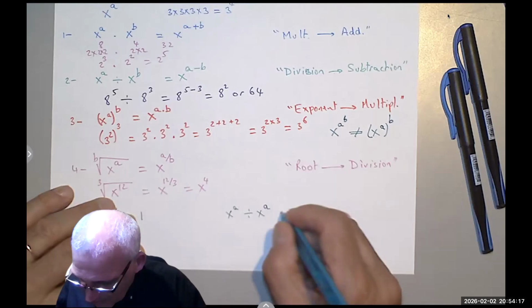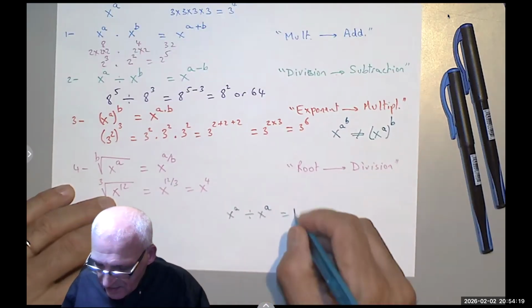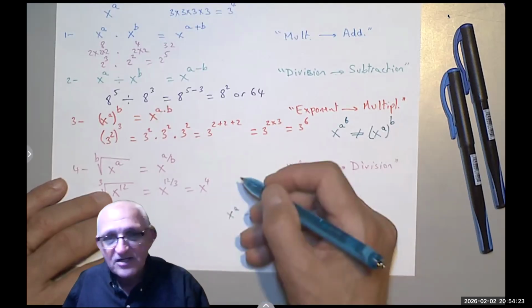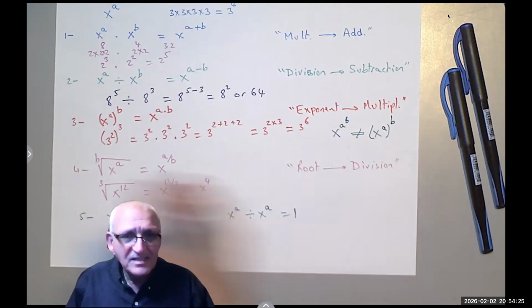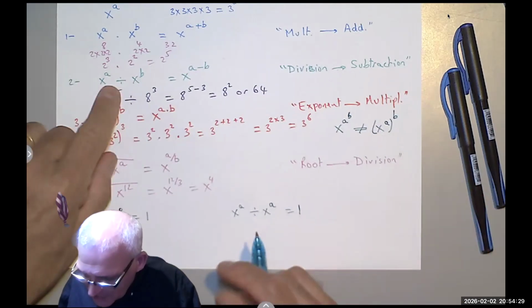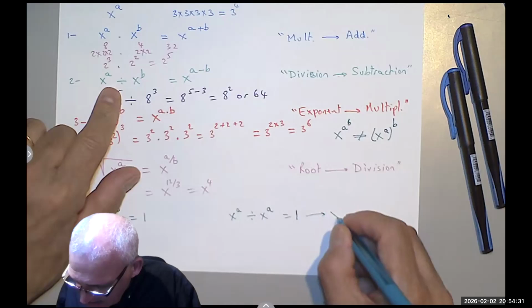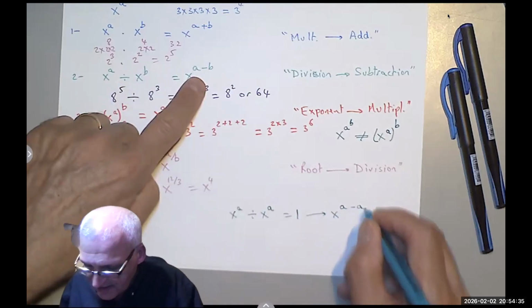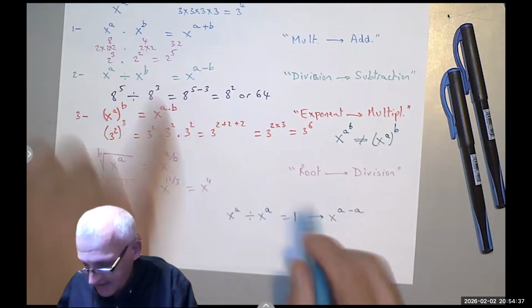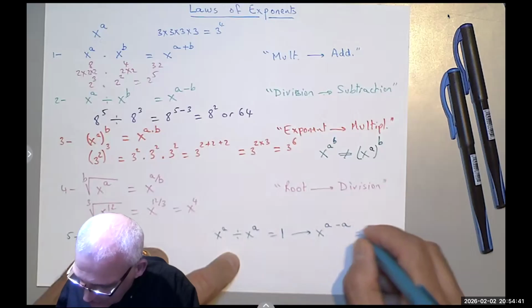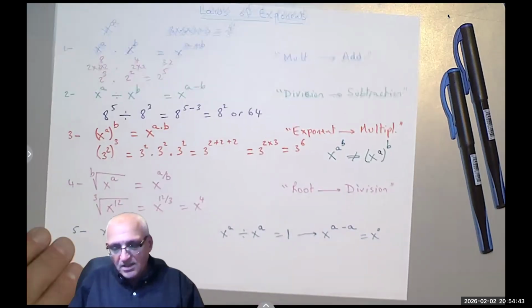So this equals 1, right? 2 cubed divided by 2 cubed, 5 to the 6 divided by 5 to the 6. Any number divided by itself equals 1. But according to this rule, this is x to the a minus a, because I divided x to the a by x to the a, not to the b. But a minus a is 0, so this is x to the 0.